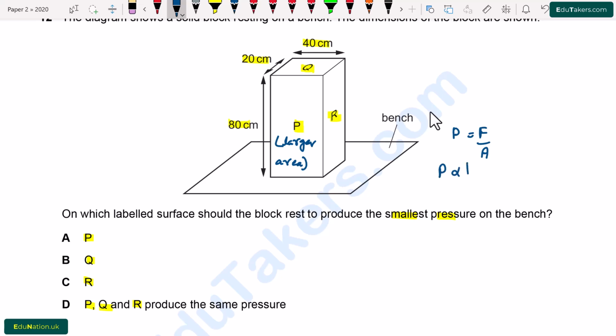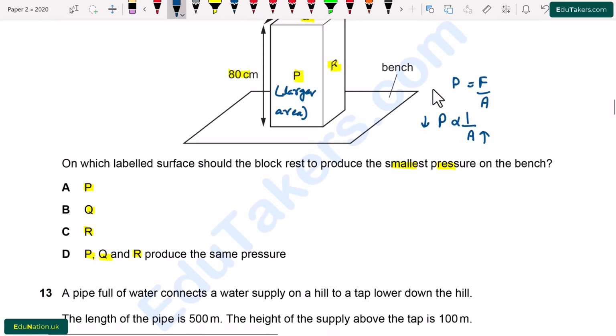Pressure is inversely proportional to area. So if P has the largest area, then its pressure will be lesser. So from here, only the surface P has the smallest pressure because of its largest area. Option A is correct.